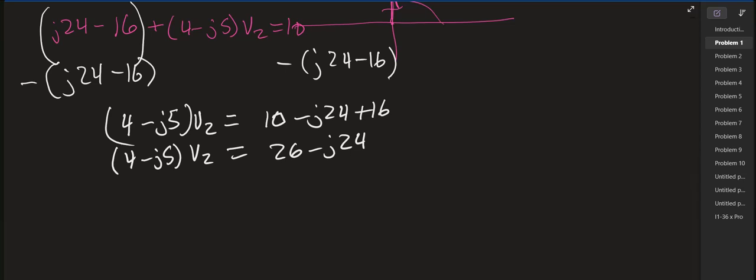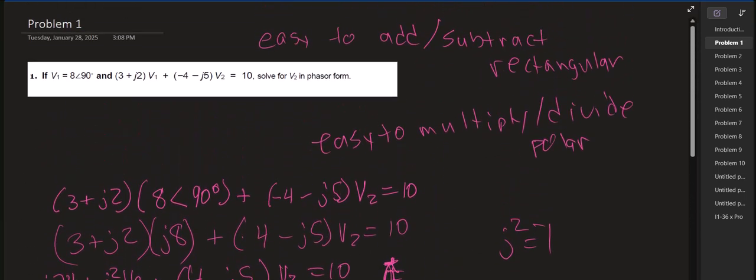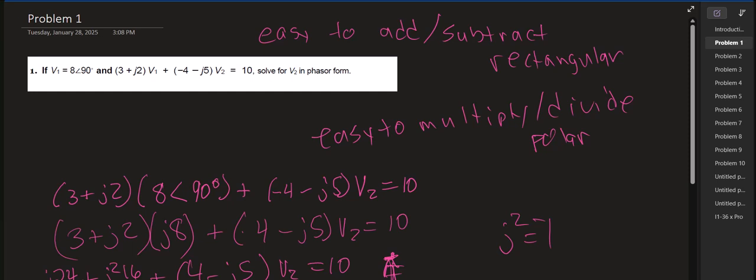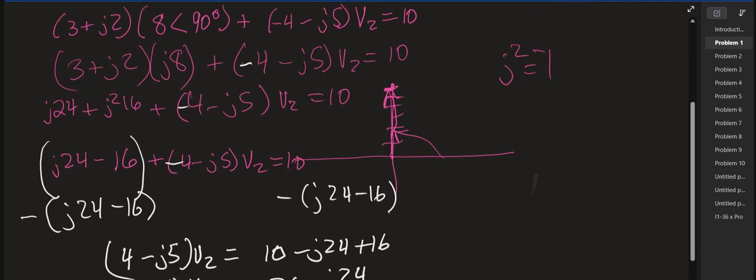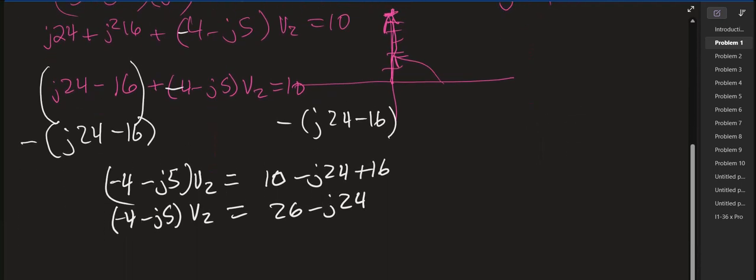And I already have a mistake somewhere, and it was from copying the problem. It was minus 4 minus j5, and I lost my minus. So I was just copying the problem wrong, which I'm good at doing.